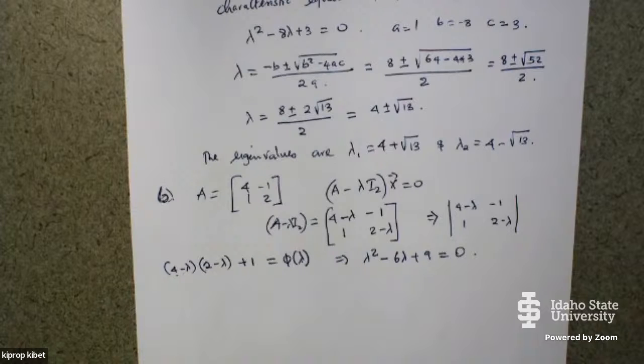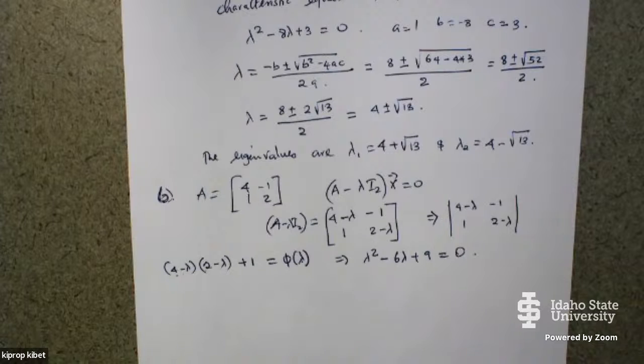Now looking at these, we can use the symmetry. The product is 9, and the sum is -6. So what are the two numbers whose product is 9 and whose sum is -6? It should be -3 and -3, right?